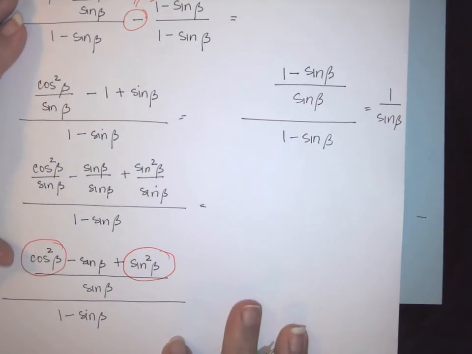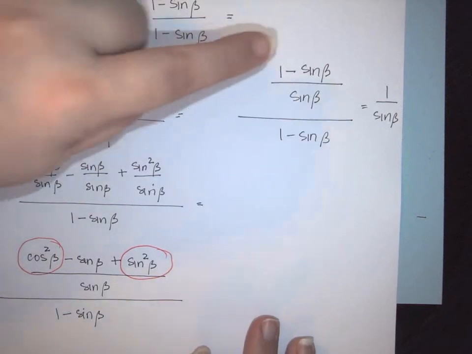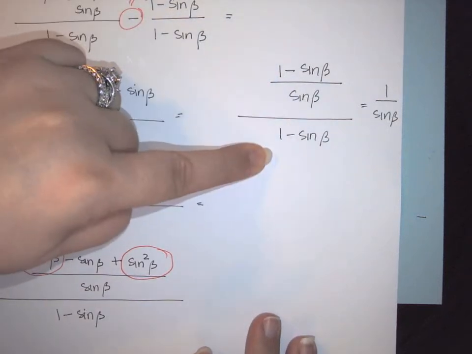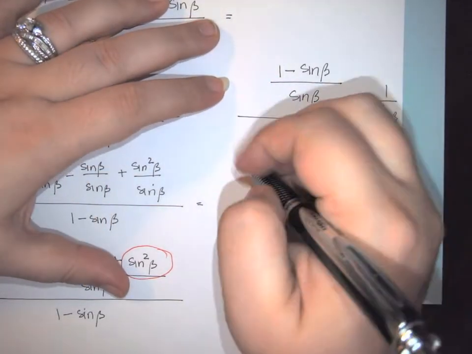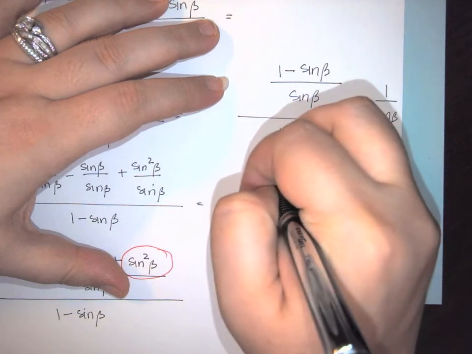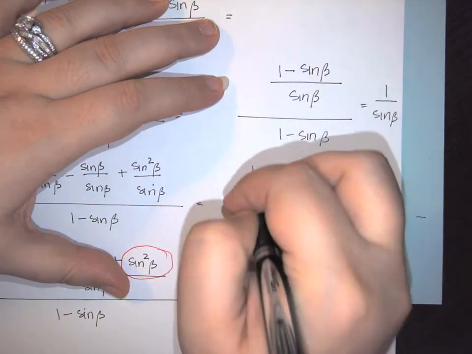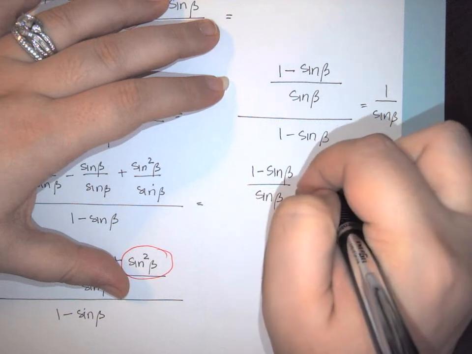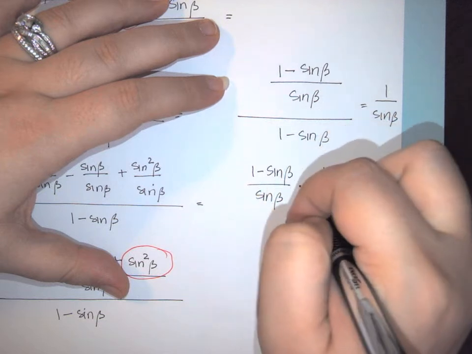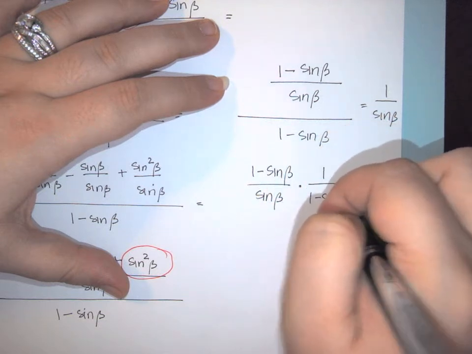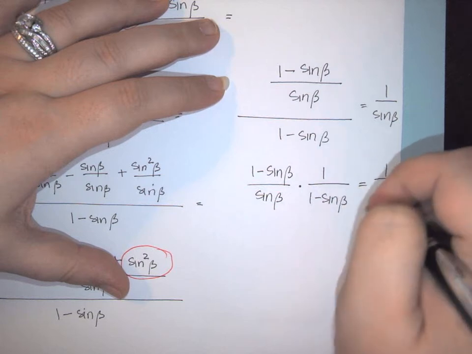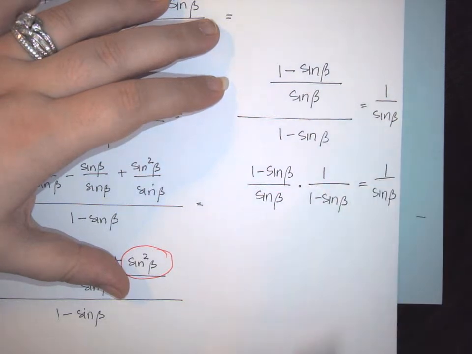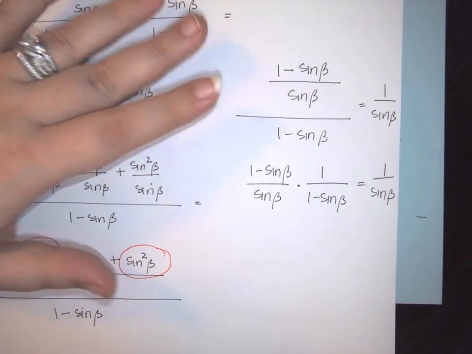So if you look, we're almost there. I have fraction over fraction, so that says I can rewrite it to be 1 minus the sine of beta over the sine of beta times 1 over 1 minus the sine of beta, and we're hoping it is going to equal my 1 over sine of beta.